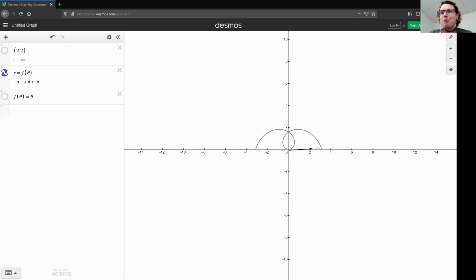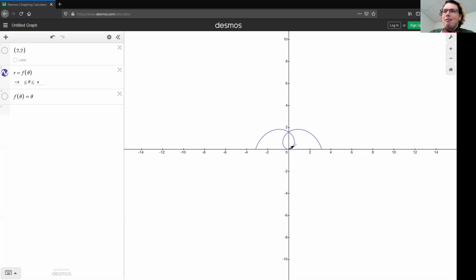If I walked backwards from there, I end up over here. And I'm going to follow this path until finally I'm facing theta equals 0, and I've gone 0 units. So I'm at the origin itself.